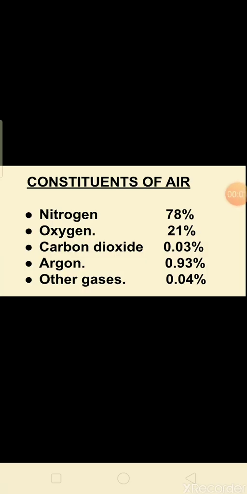Children, in the earlier pie chart, we saw the percentage of different constituents of air. Nitrogen is the most plentiful gas in the air. When we inhale, we take some amount of nitrogen into our lungs and exhale it.